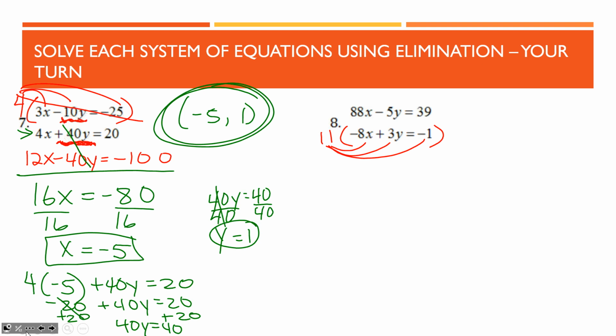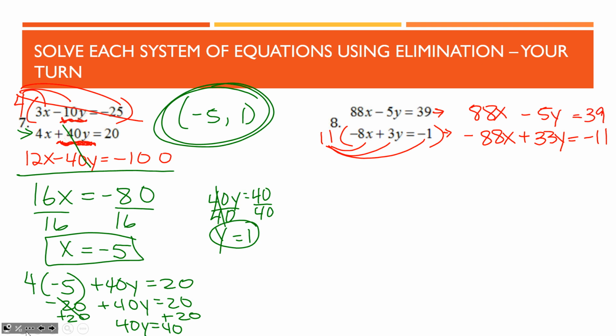So 11 times negative 8 is negative 88x. 11 times 3y, and 11 times negative 1. Now, just so my two equations are right on top of each other, I'm going to rewrite the top equation. So 88x minus 5y equals 39.